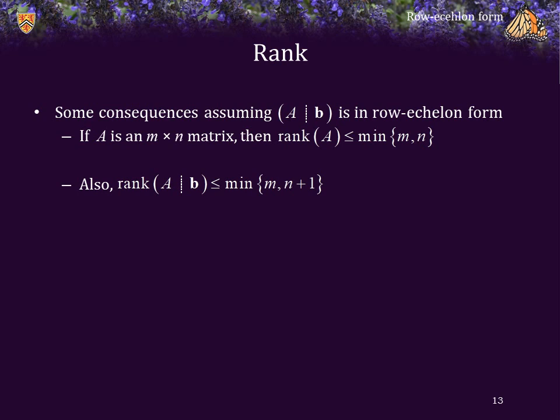Also, the rank of the augmented matrix must be less than or equal to the minimum of m and n, plus 1. Finally, if the rank of A is equal to m, then the rank of the augmented matrix must also be equal to m.